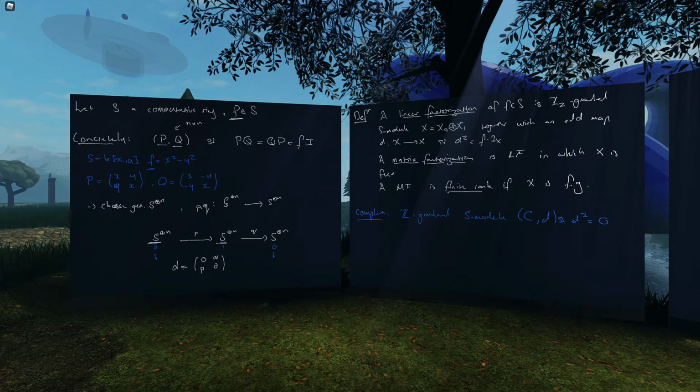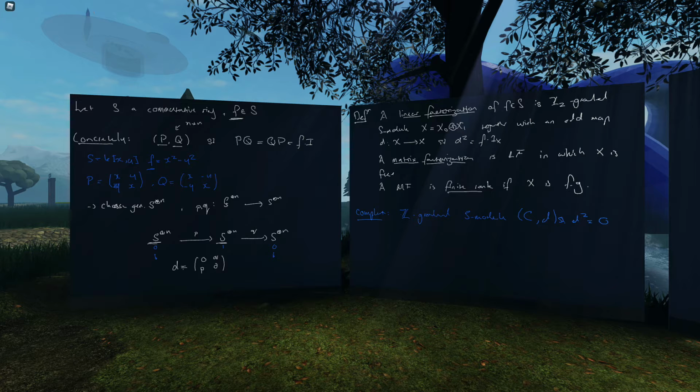A linear factorization can be viewed as a Z2 graded cousin of a complex of S modules, although in many respects they're less interesting because there's no notion of cohomology for linear factorizations. But nevertheless, many of the concepts that we use for complexes readily extend to linear factorizations.